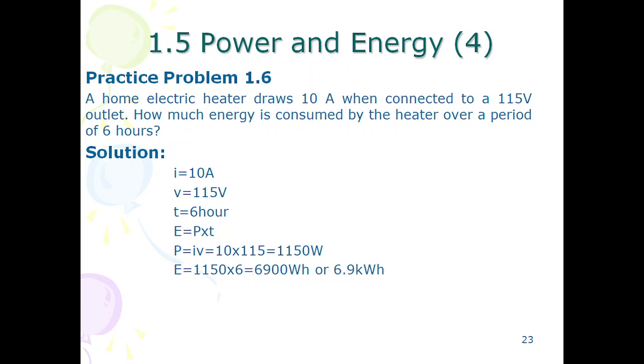Energy is power times time, where power is equal to I times V. I is given, V is given. We multiply both. The answer is 1150 watt. Then multiply it with time, 6 hours. The answer is 6.9 kilowatt hour.